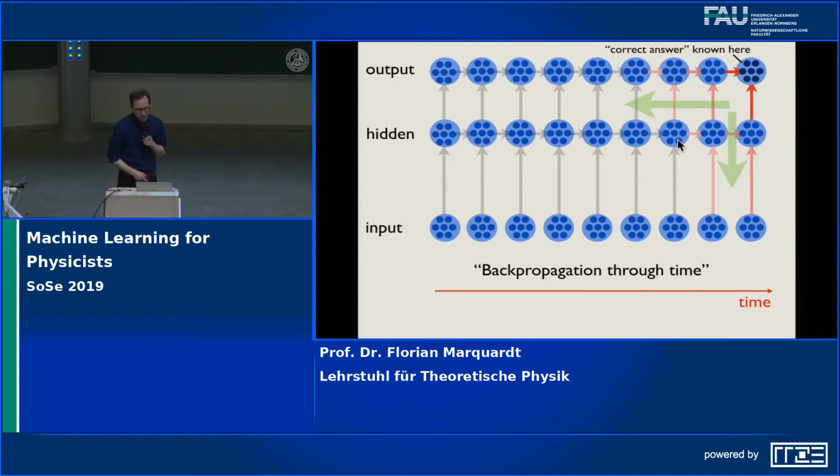Now there's a funny thing here. Remember, this is not 10 different networks somehow connected together. It's only a single network which I draw repeatedly for the different time steps. So that means the weights are the same for all the time steps. The weights do not change in time.